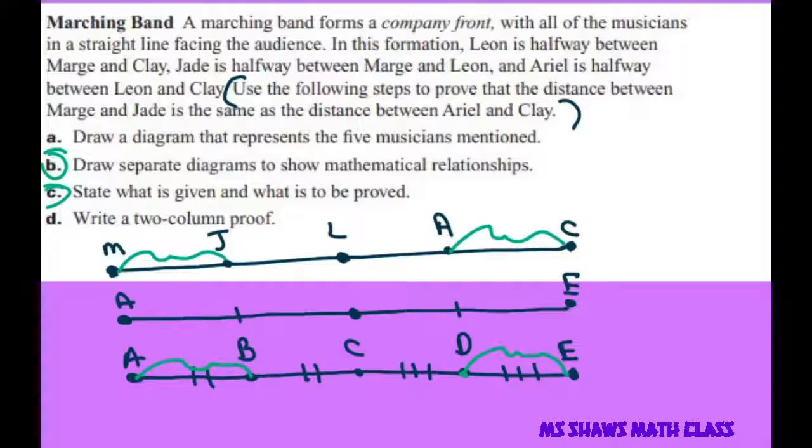We want to state what is given and what is to be proved, and then write a 2-column proof. Given: C is the midpoint of AE.